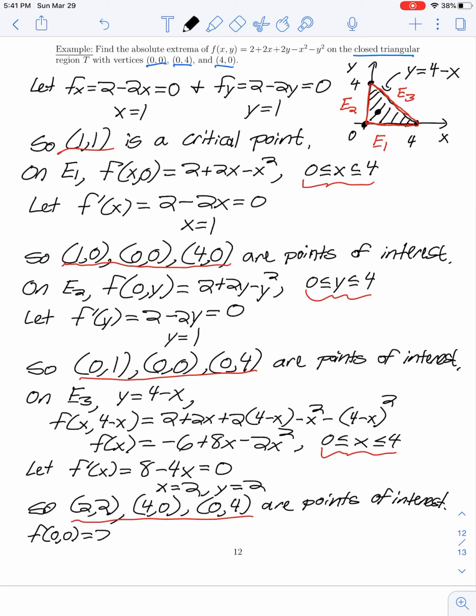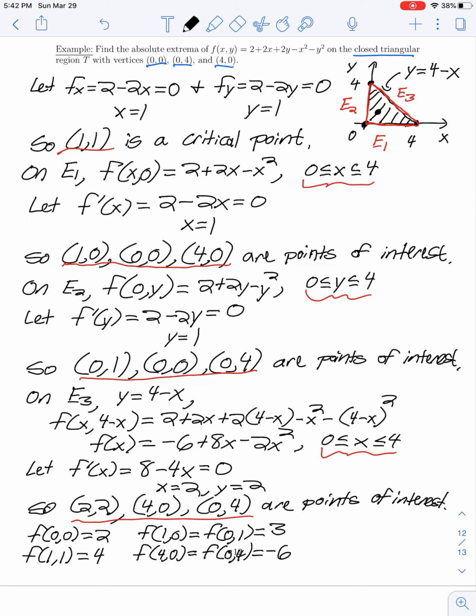So in the last part of our problem, if we evaluate f at these different points, starting with 0, 0, we have 2. As our next point, we could take 1, 1, and we get a value of 4. The value of our function f at either 1, 0 or 0, 1 is equal to 3.